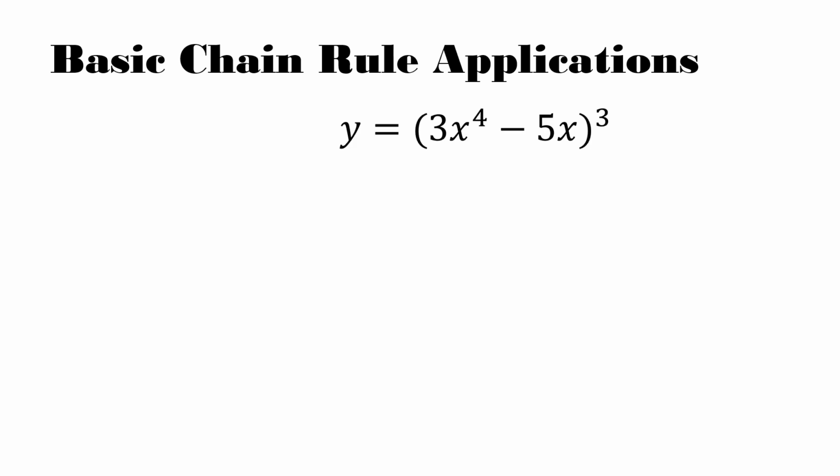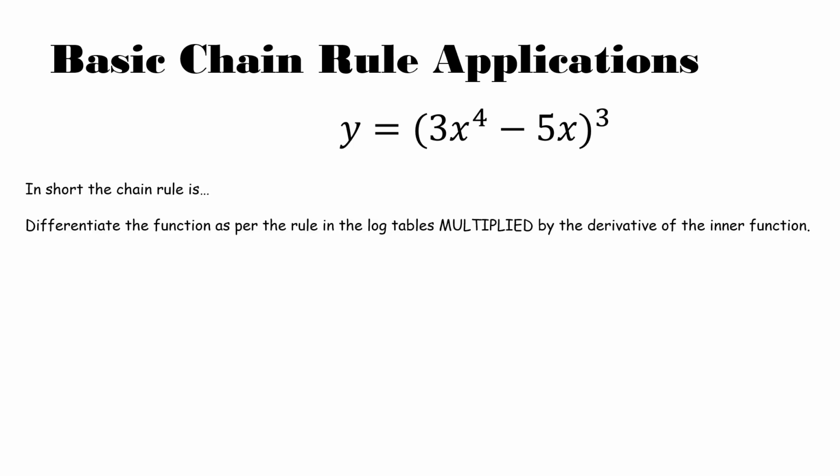So let's take an example of a function that, if we were to differentiate it, needs the chain rule. So here we have a bracket to a power. So that's really easy to identify as needing the chain rule. So basically, in short, the chain rule is: differentiate the function as per the rule in the log tables.